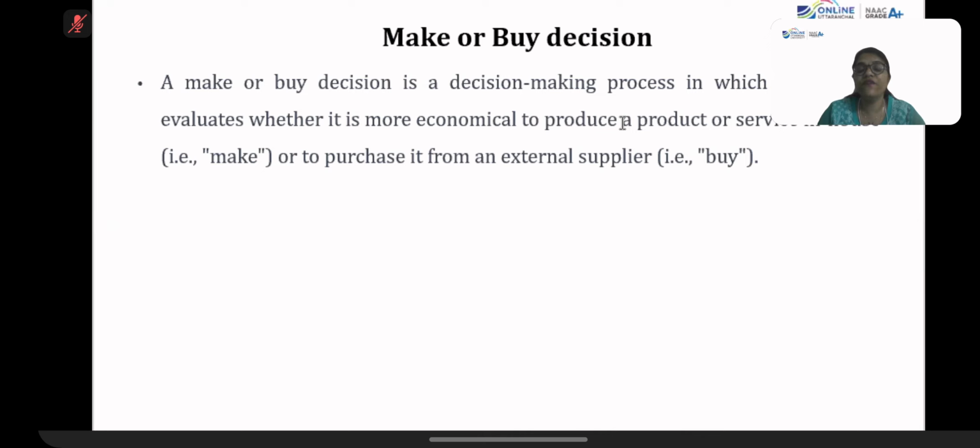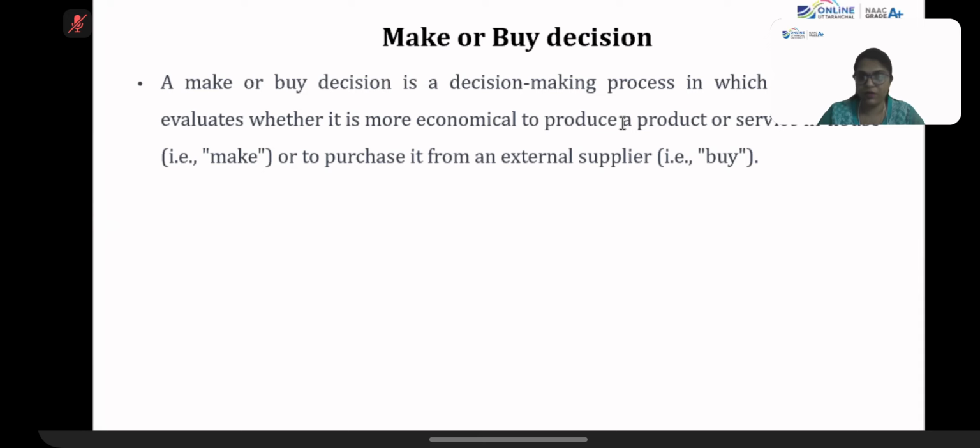So this decision will involve a cost comparison, like your direct labor, direct material, overheads, equipment. All this will be considered when you decide whether to produce it in-house or to buy it from the external supplier and then sell it.